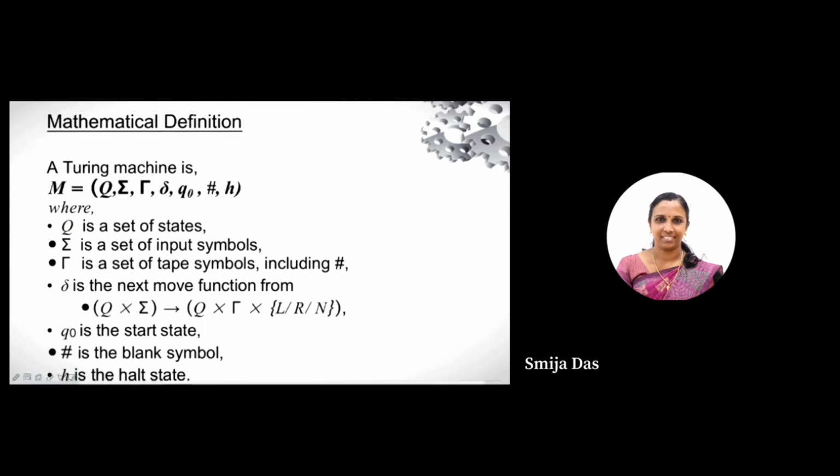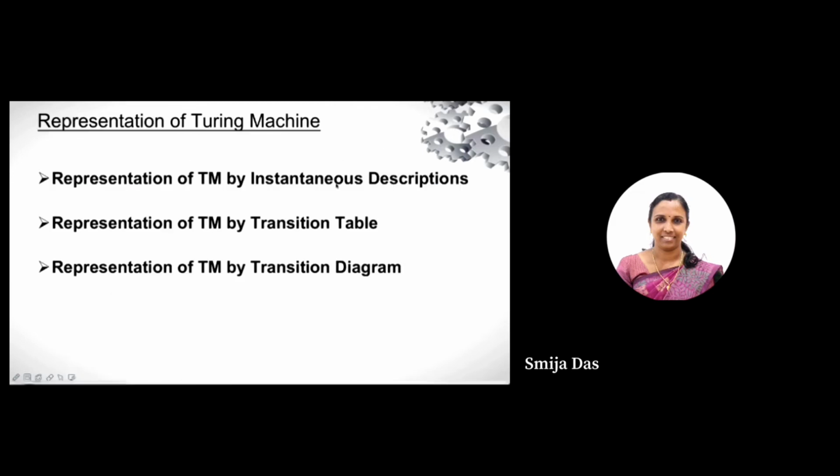And H is the halt state. So the halt state can be either accept halt or reject halt. Now next is the representation of a Turing machine. A Turing machine can be represented by three methods: instantaneous description, transition table, or transition diagram.